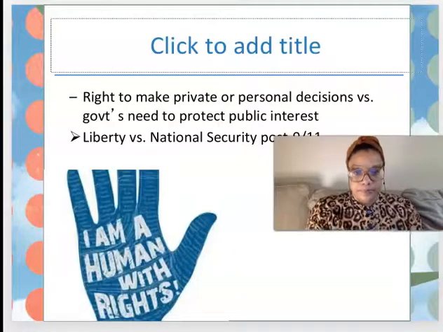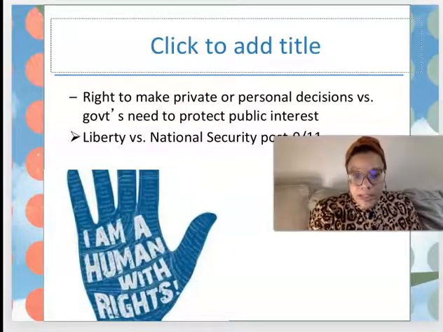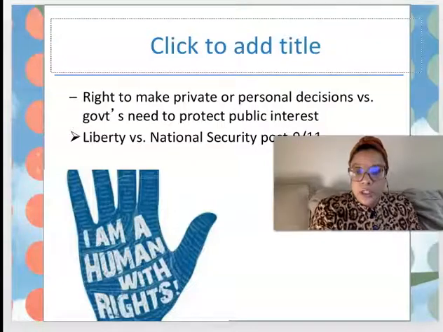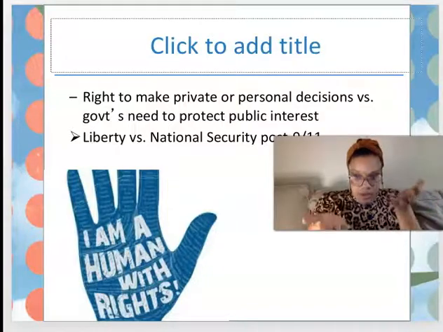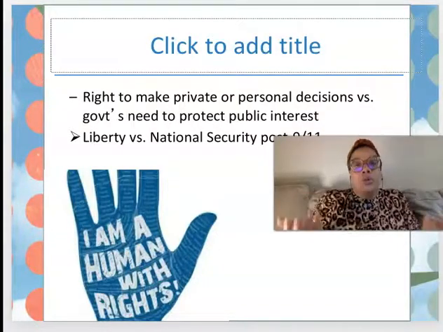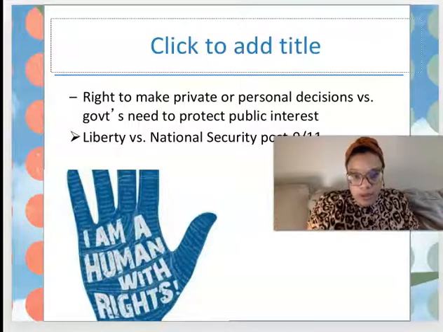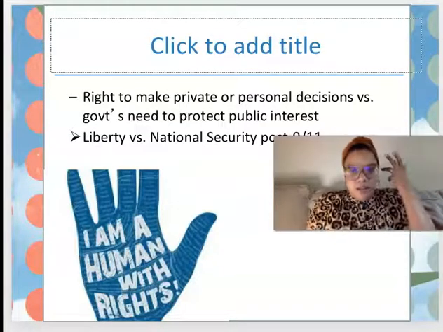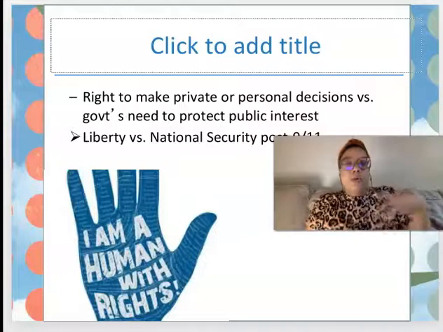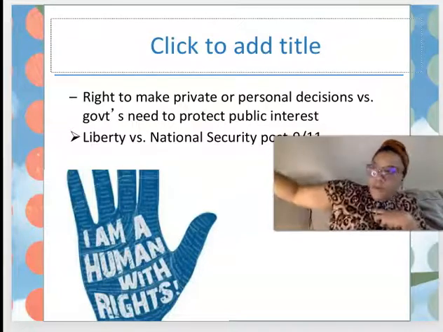Okay. So, the right to make private or personal decisions versus the government's need to protect public interest, right? That really weighs that same issue again, said a different way, right? But it really is about the personal, private person's decision versus the public, okay?